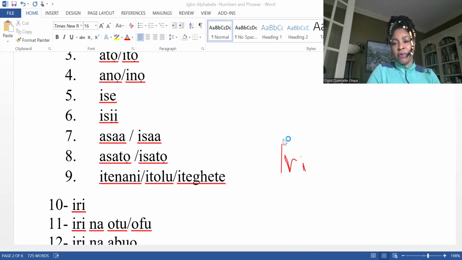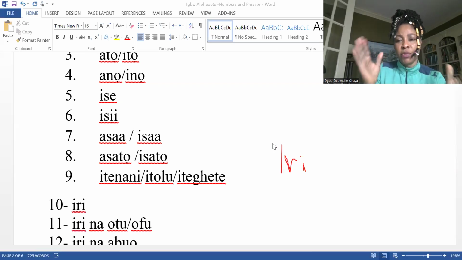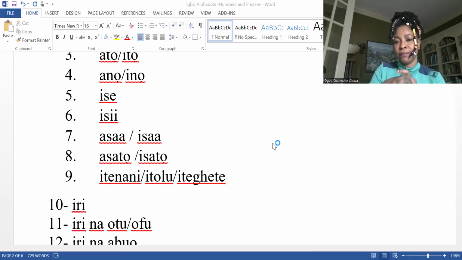Jaden, gịnị bụ 14? No, Jaden, gịnị bụ 12? Jaden, 12 bụ iri na abụọ. Dalu, Jaden. Chukwuemeka, I'll get on you after class. You are here, you won't talk, but you are going to be drawing, right?